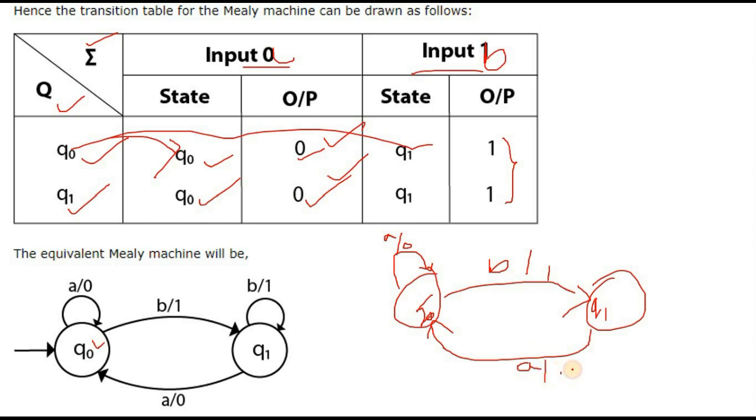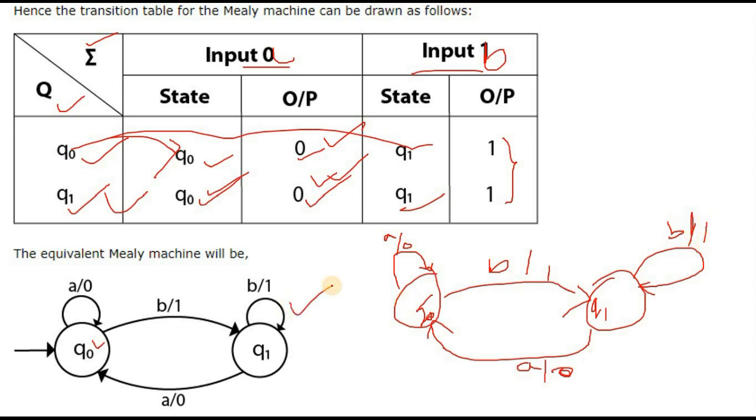Here is the 0, right? Q0 belongs to A, that's why I have represented A input and output is 0. And next one is Q1 to Q1, you have to represent like this. So with input B, B divided by output is 1. So that's what I have represented.